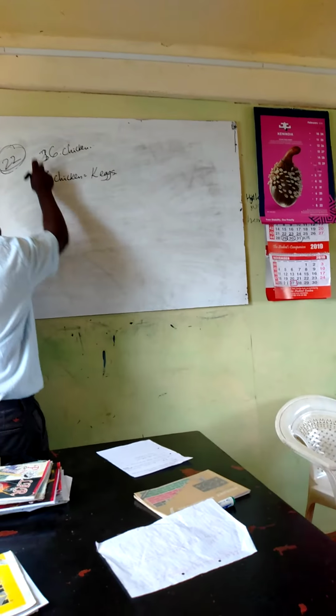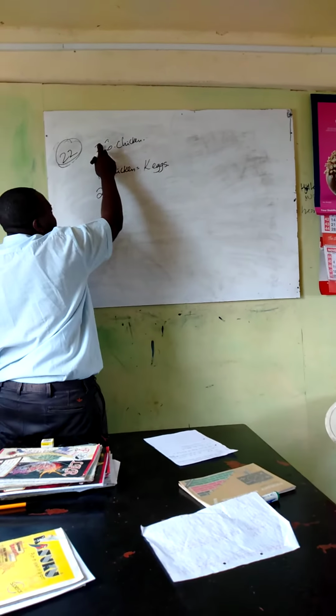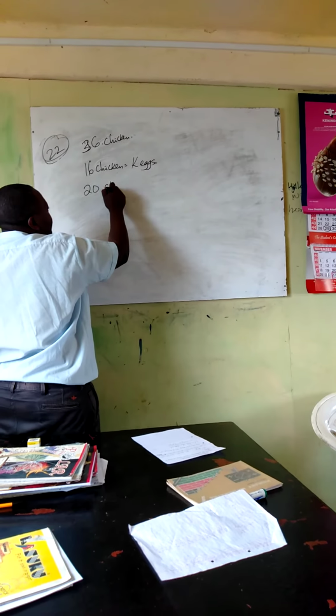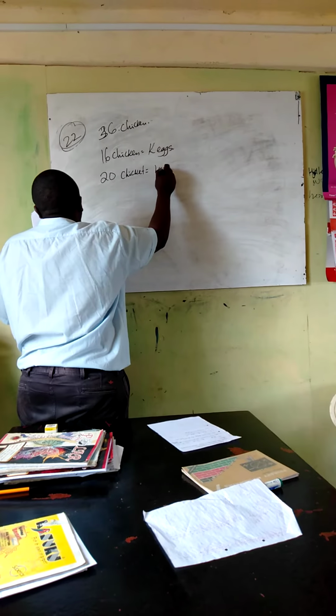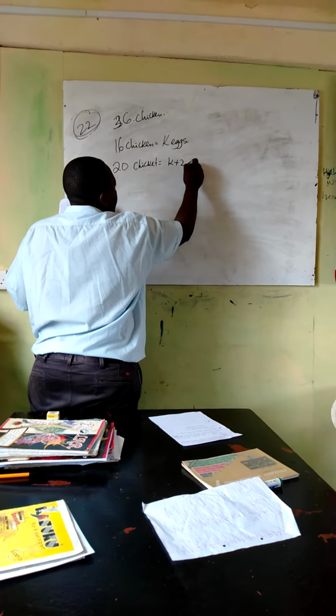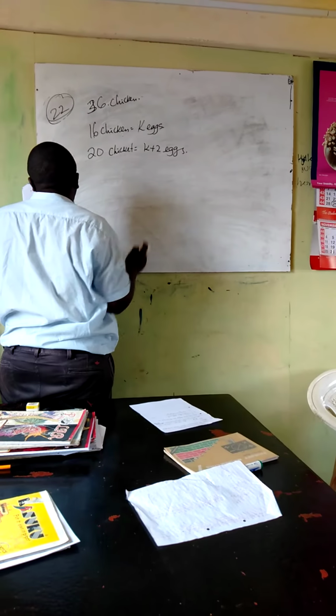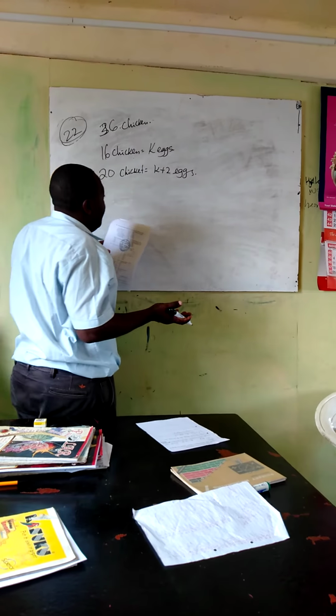And the rest here will be how many? 36 minus 16, so 20 chicken. They lay K plus 2 eggs each.